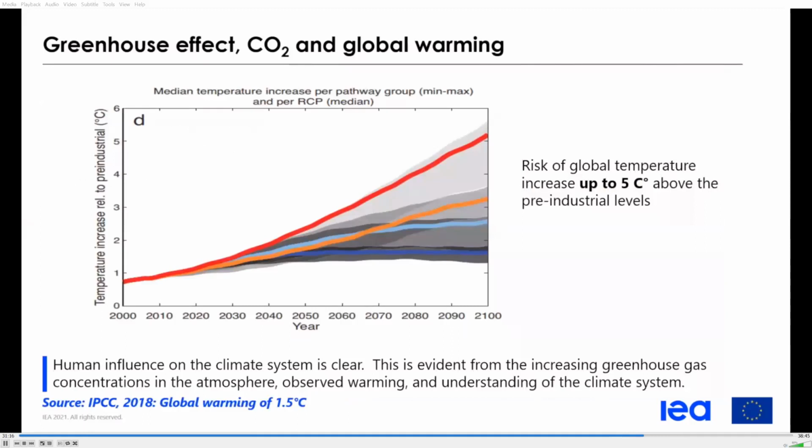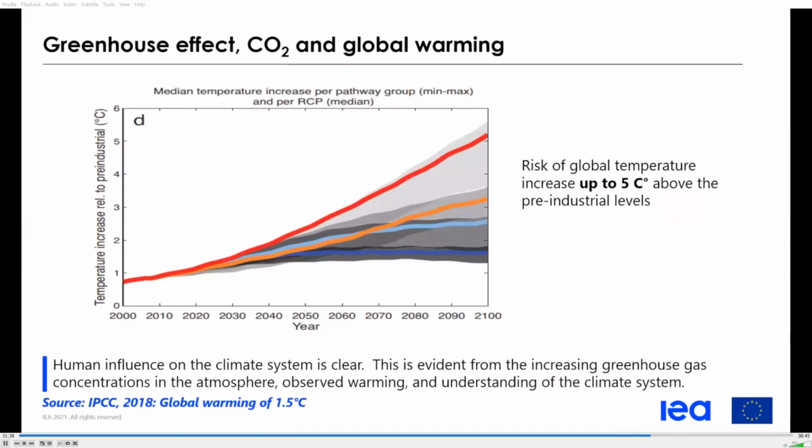The burning of fossil fuels affects the concentration of CO2 in the atmosphere. Before the Industrial Revolution, the amount of CO2 in the atmosphere was about 288 ppm. We have now reached about 414 ppm, and we are on the way to doubling the amount of CO2 in the atmosphere by the end of this century.